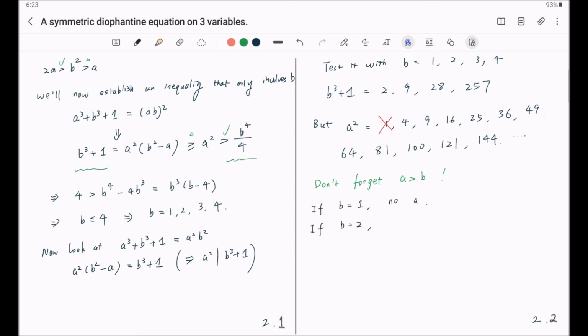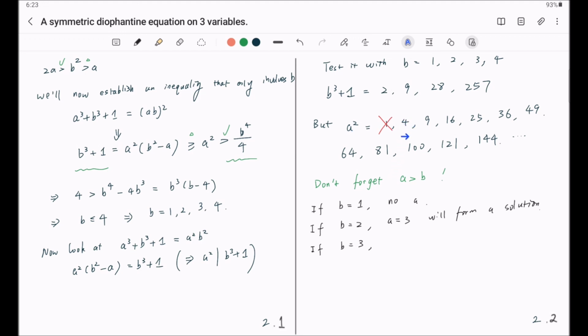In this case, we have a solution, which is the case when A is equal to 3. And there are no other solutions. And if B is equal to 3, then B cubed plus 1 is equal to 28. How many square divisors are there?